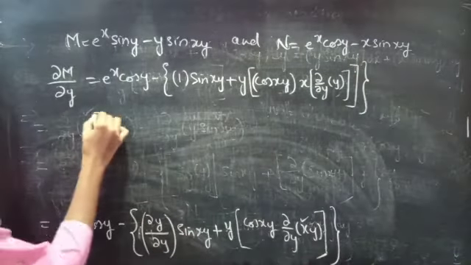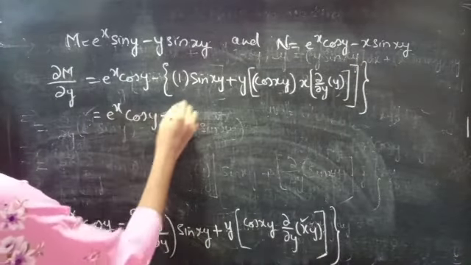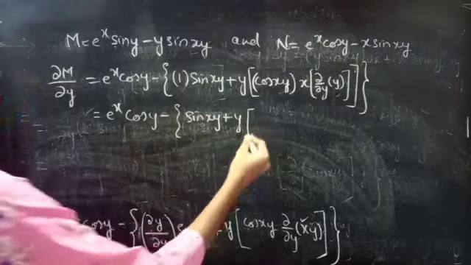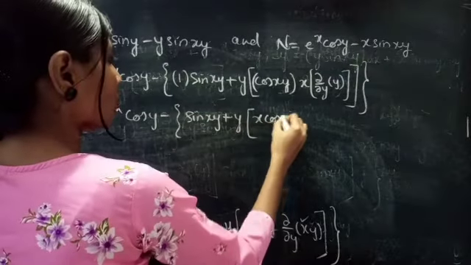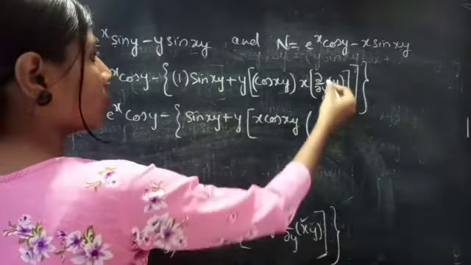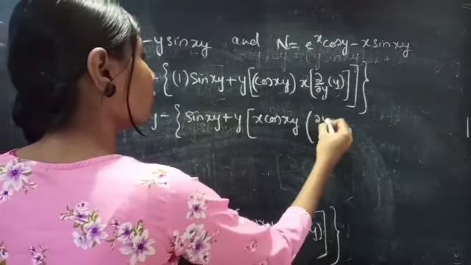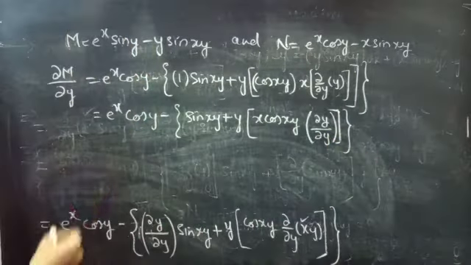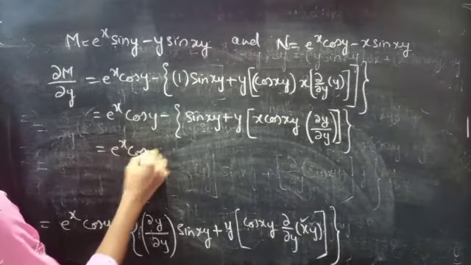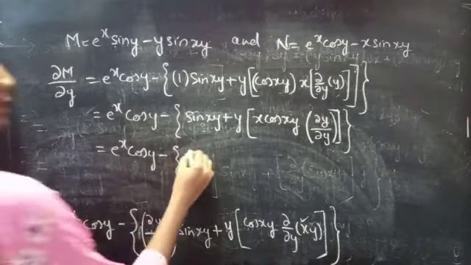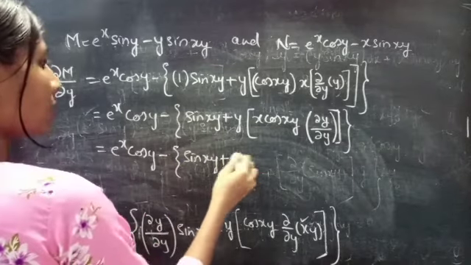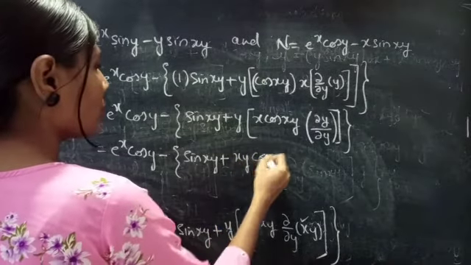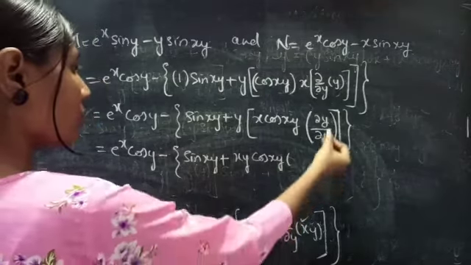This equals e^x cos y minus 1 into sin(xy), which is sin(xy), plus y times x cos(xy) into ∂y/∂y. This equals e^x cos y minus of sin(xy) plus xy cos(xy) into the derivative of y with respect to y, which is 1.